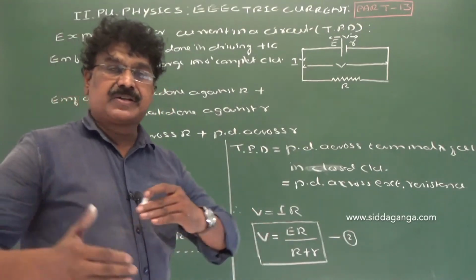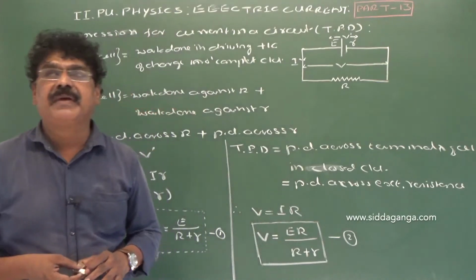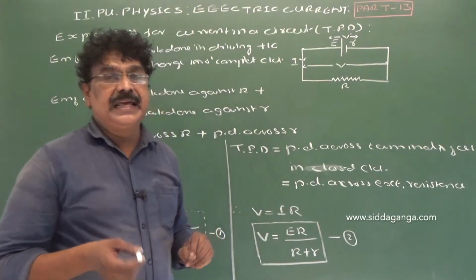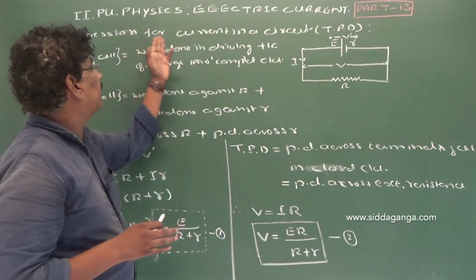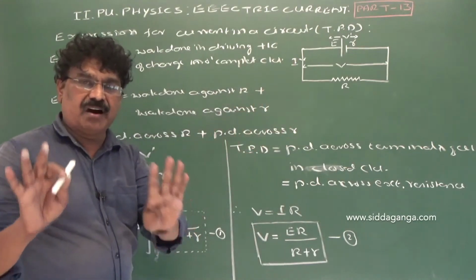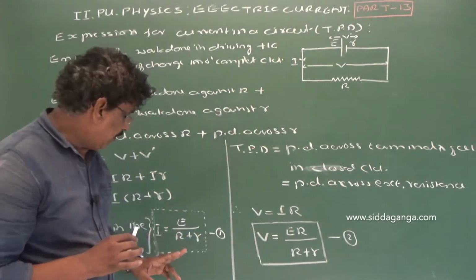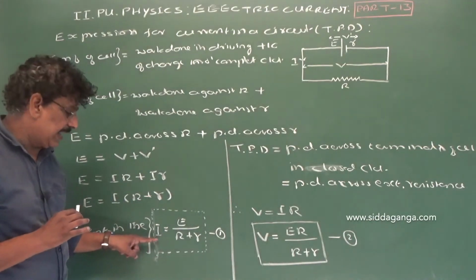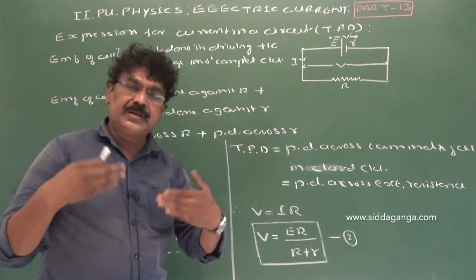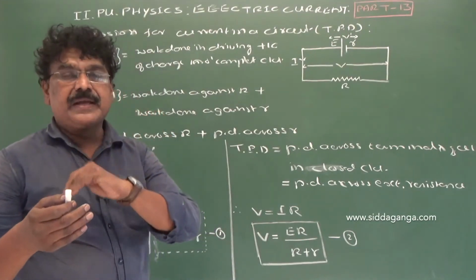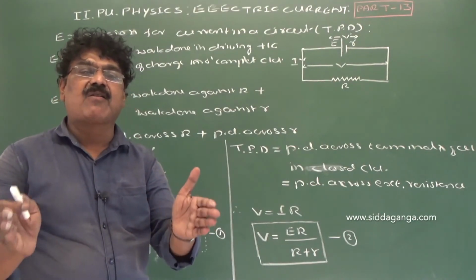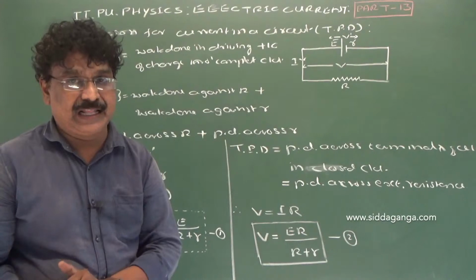So the question in board examination may be asked in two ways. One, derive an expression for current in an electrical circuit. That will be for 3 marks only. You have to derive up to equation 1, I is equal to E by R plus r. Or the question may be asked like this: derive an expression for terminal potential difference across a cell in an electrical circuit.